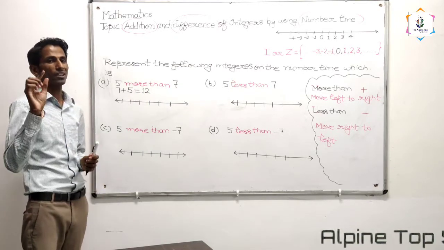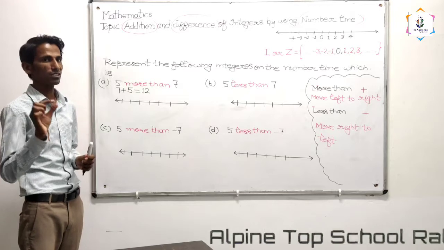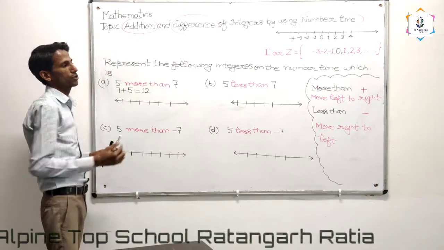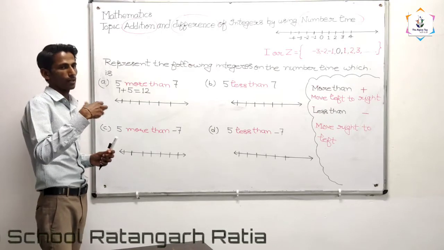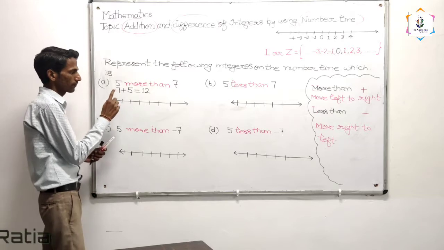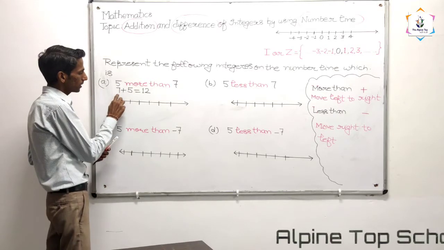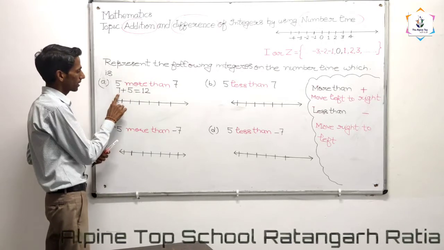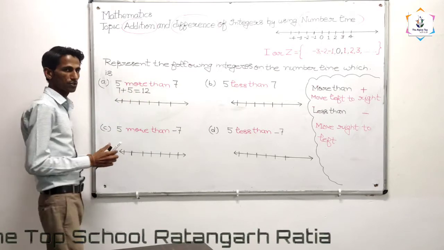Now I am going to tell a very important thing. Whenever there is a question relevant to representation of the sum and the difference of integers on the number line, just focus on the starting and the resulting number. Starting number is 7 and resulting number is 12.